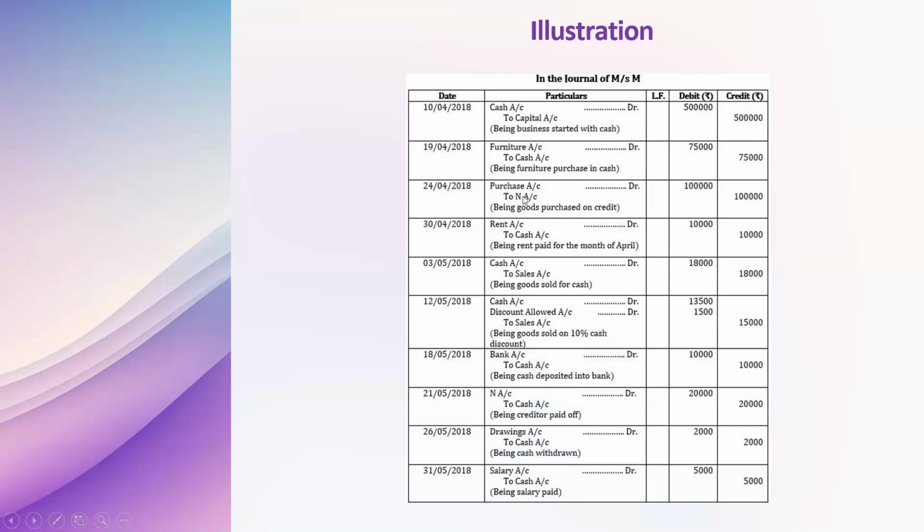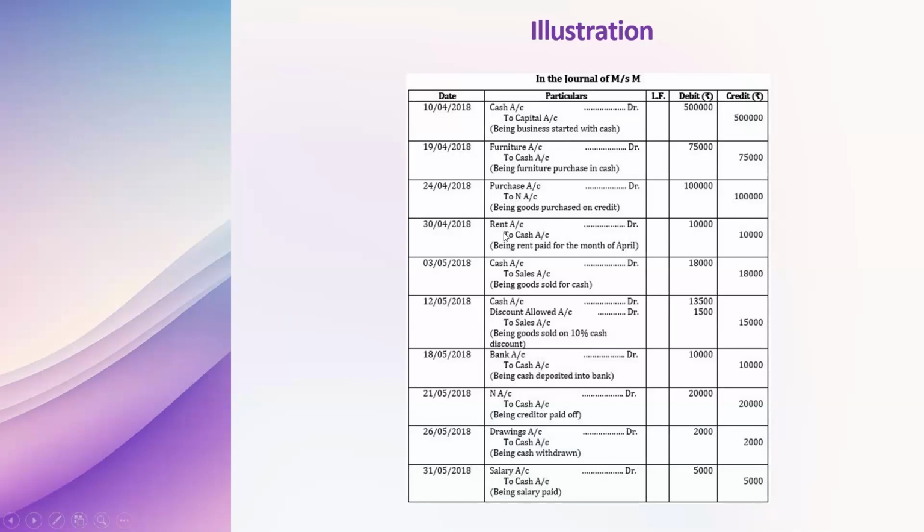It means to company N. So from company N, this organization has purchased some products worth 1 lakh rupees on credit, not in cash. Okay. So it's a purchase transaction, and this doesn't come under cash transactions.